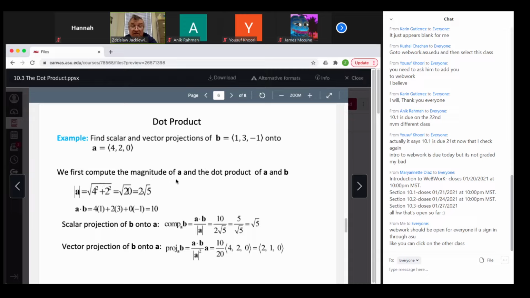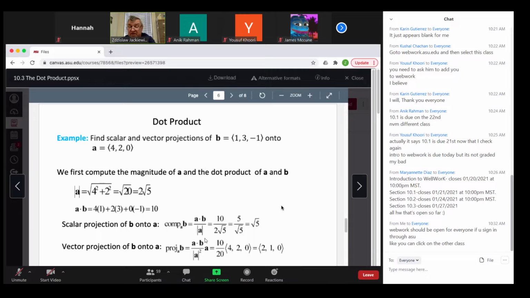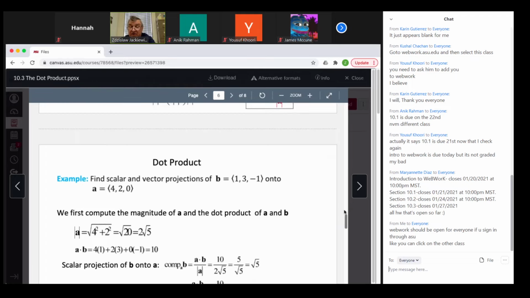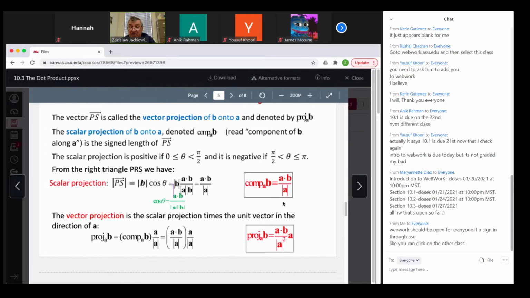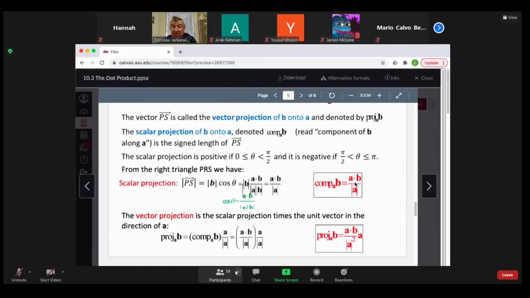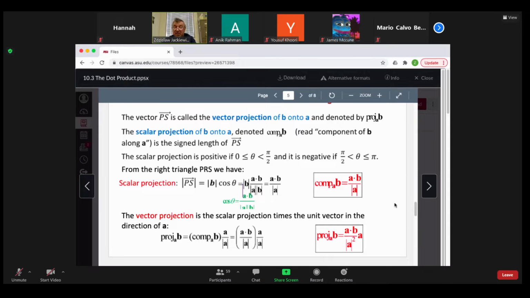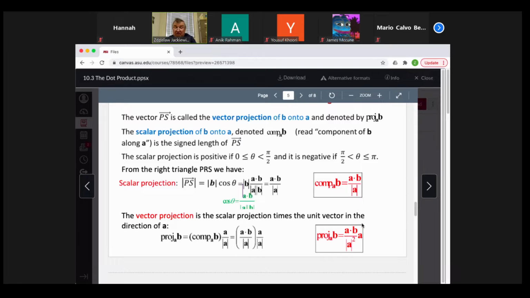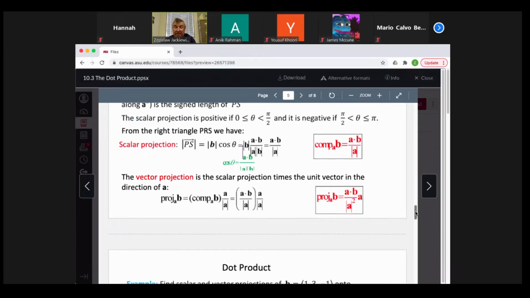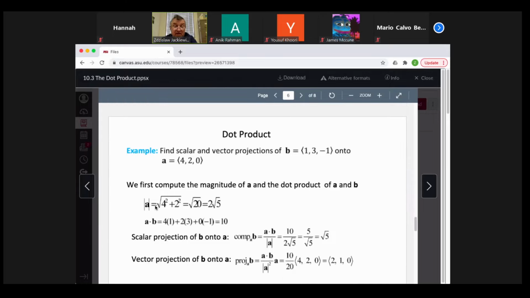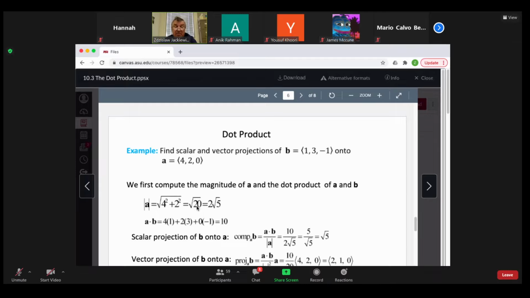Certainly, to compute this, we need the dot product, and we need the magnitude of A. We don't need the magnitude of B. So let's start with the magnitude. The magnitude of A is the square root of 4 squared plus 2 squared plus 0 squared, which is the square root of 20.